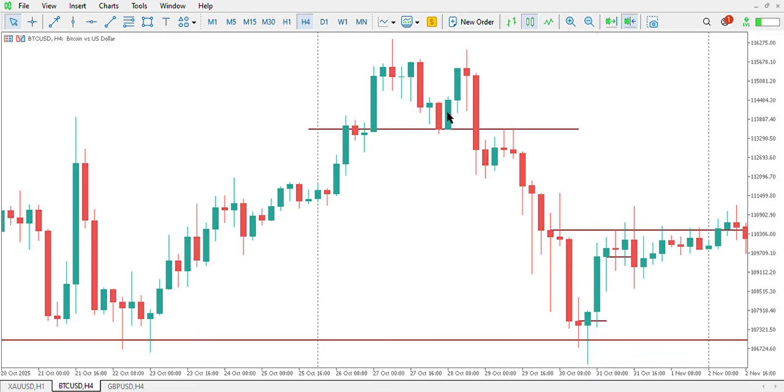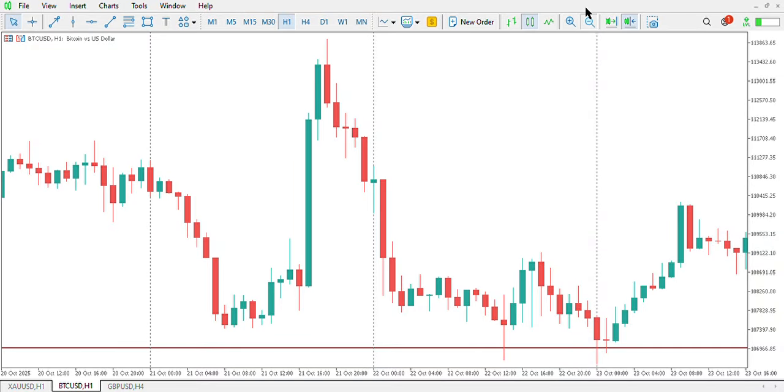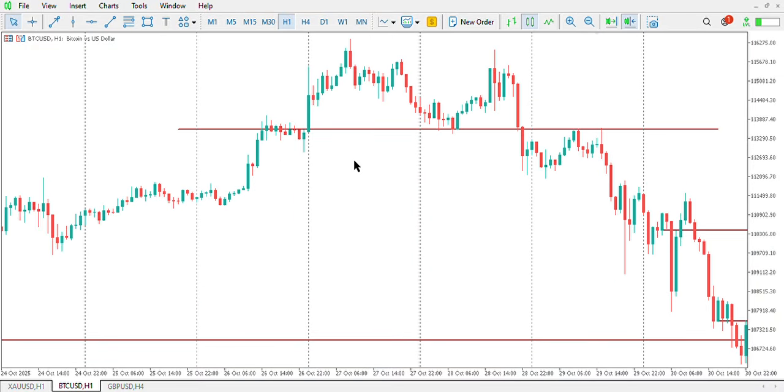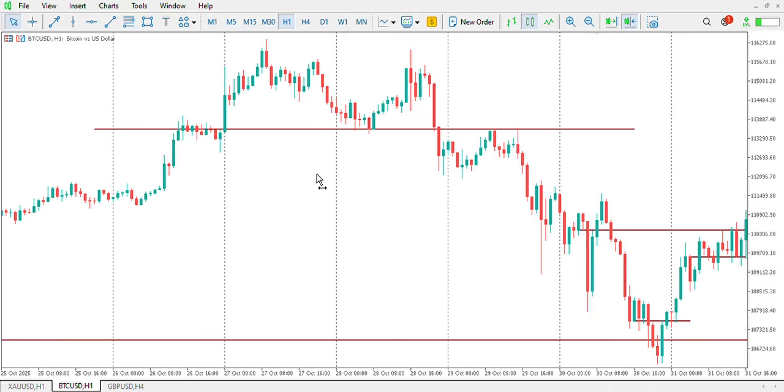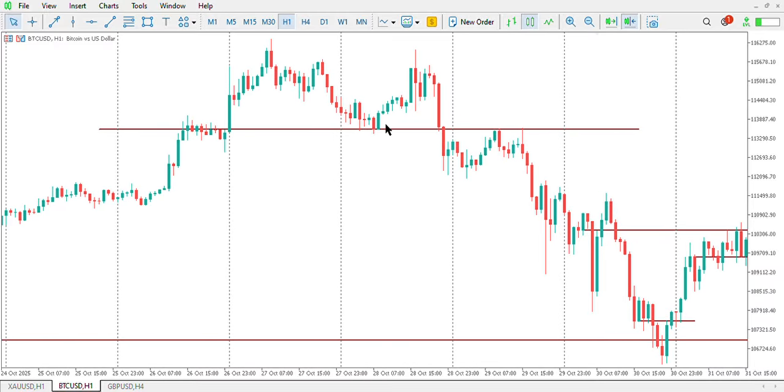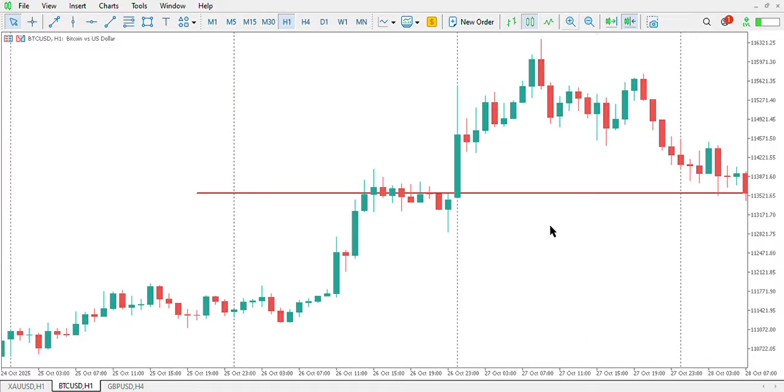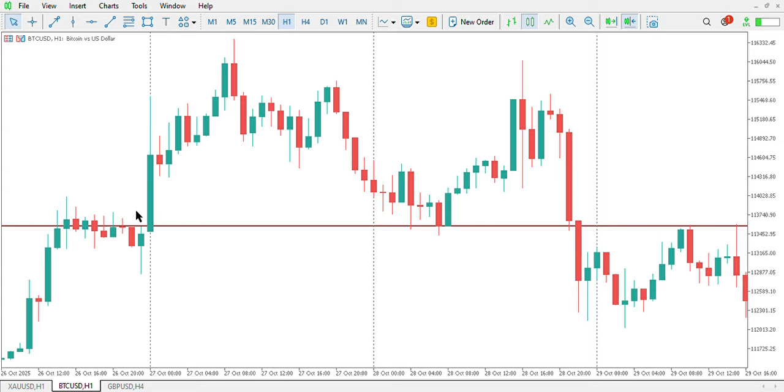Now with this line here, what you're going to do is that you will switch to the lower time frame. It can be a 1 hour or your 15 minute, and in this case we switch to 1 hour. Whenever the market comes here, we will look for a demand. A demand is like a candle which looks like this. It is the down candle before an upward movement, and it is the up candle before a downward movement.